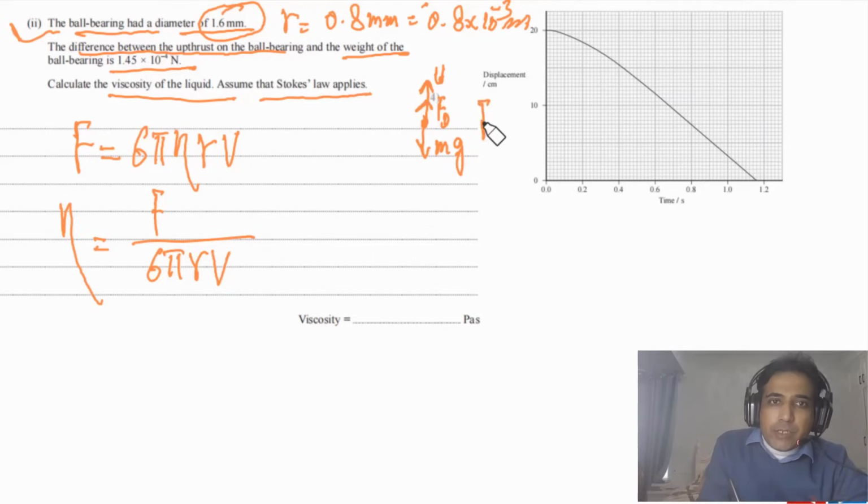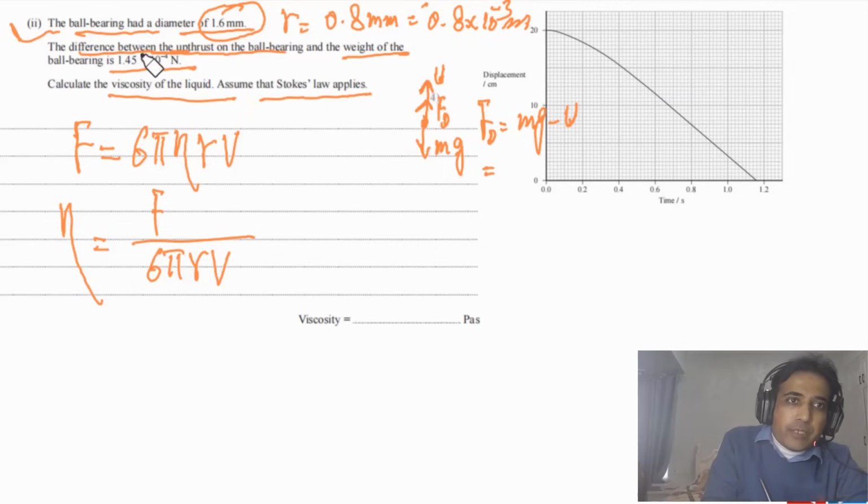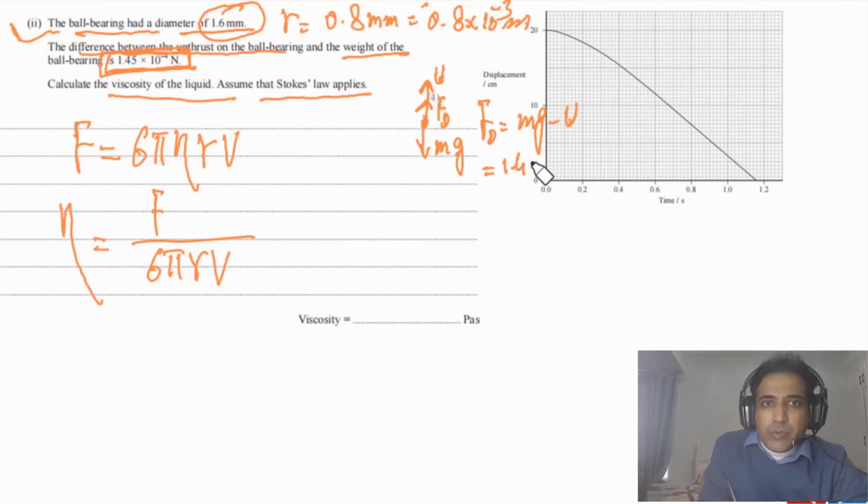It is given to us that Fd is equal to mg minus U, meaning the difference between these two forces, and this value is given to us. So this value is the drag force. Simply, we can say this is 1.45 times 10 to the minus 4 Newton.